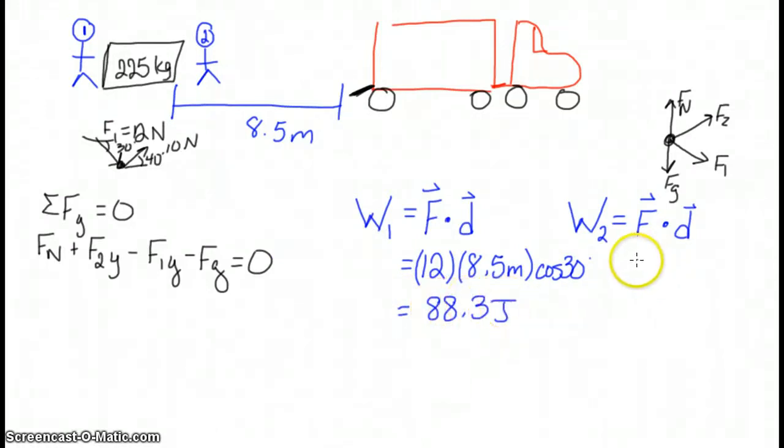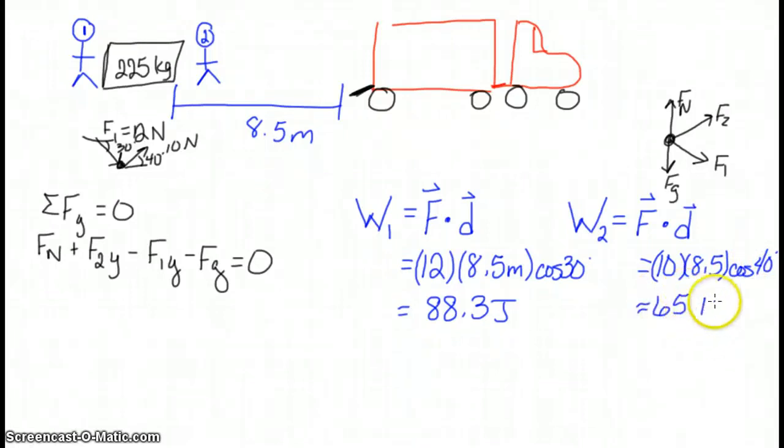Now if we look at SPY 2, their work is going to be the force, which is 10 newtons, times the distance, which is 8.5, times cosine of 40 degrees. Now that's going to be about 65.1 joules.